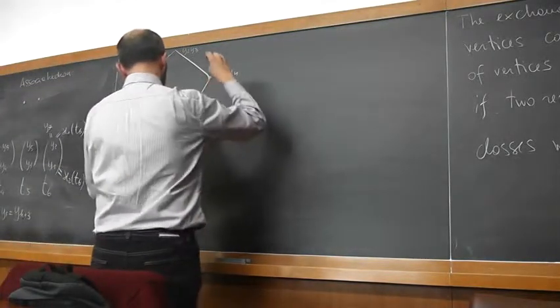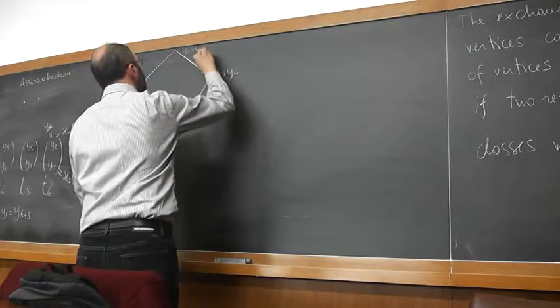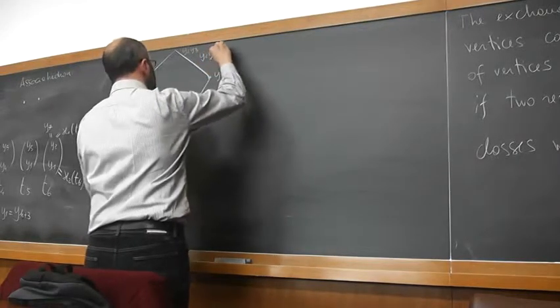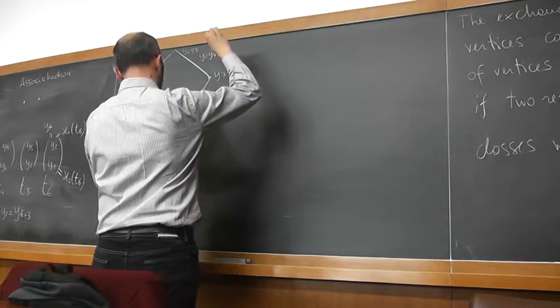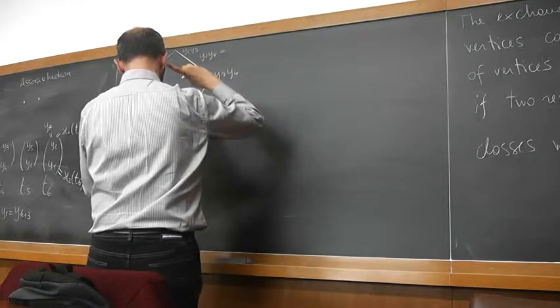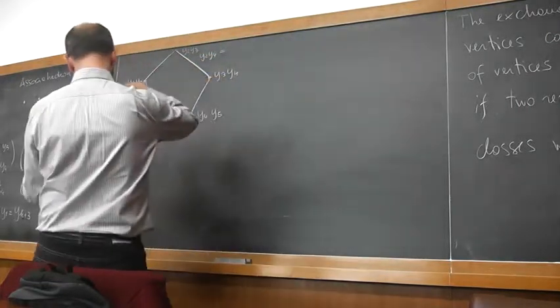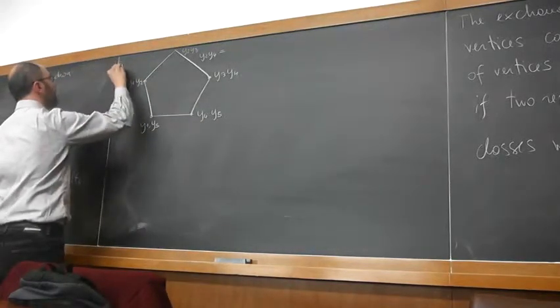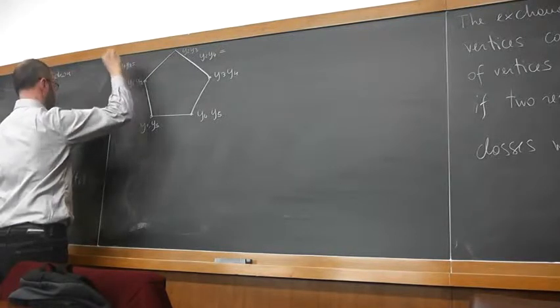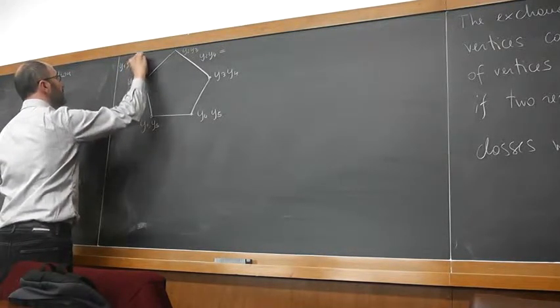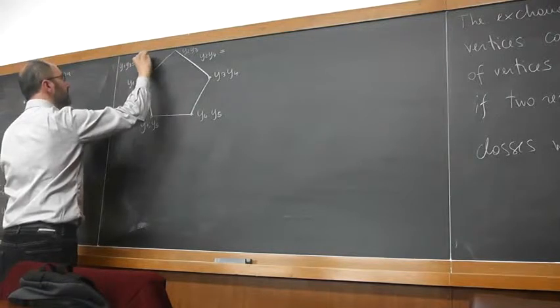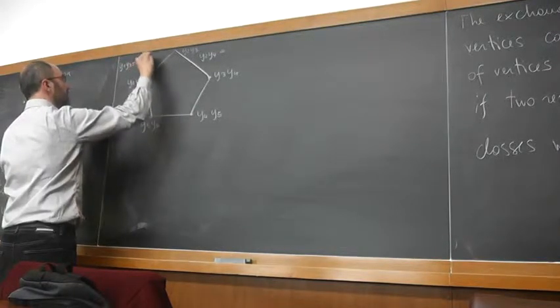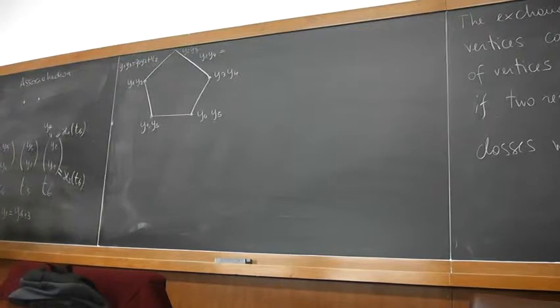For example, here we have y2, y4. Maybe I want to start from y1, y3. Remember, this was q2 y2 plus R2. But then we saw that R2 was Q4 times Q5.